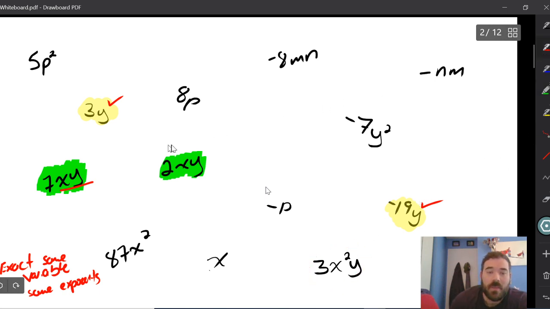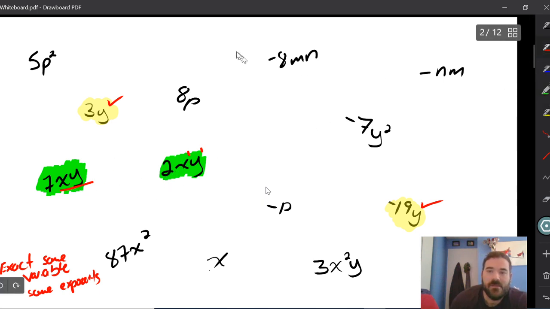However, the powers on the 2xy are both 1, so this is an x to the power of 1, y to the power of 1. This x to the power of 2 completely messes it up, and so those are not like terms. There actually isn't another set of like terms for 2xy. Those are the only two on the page.